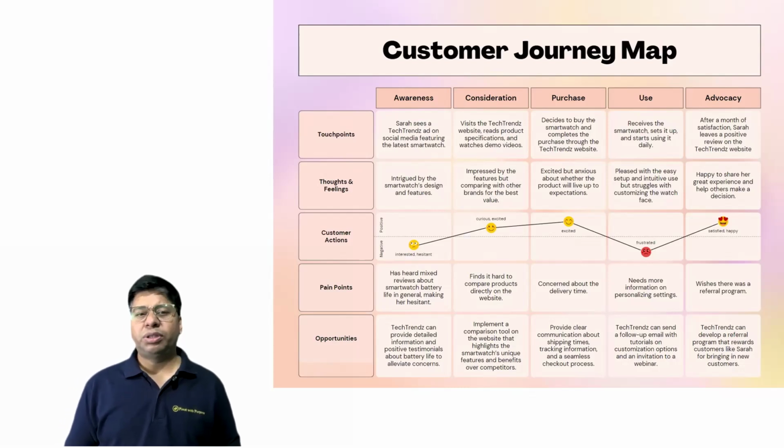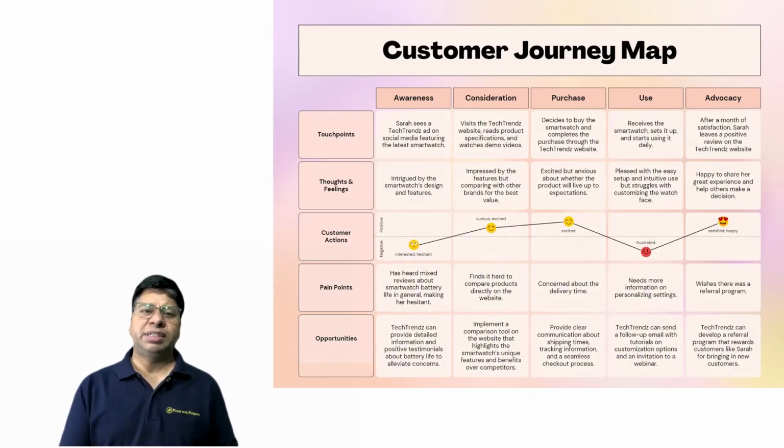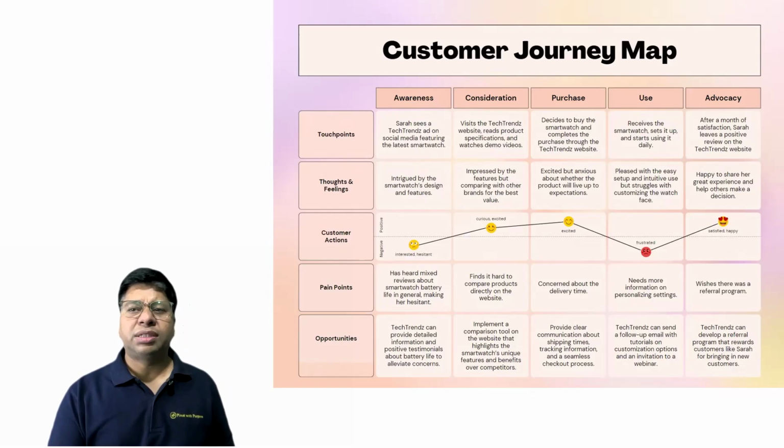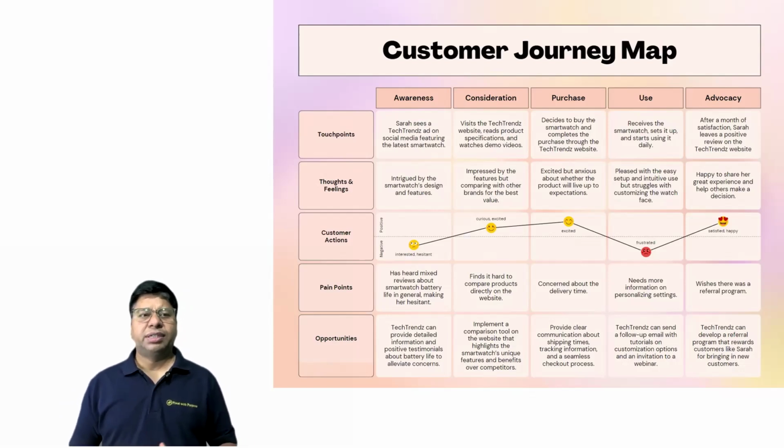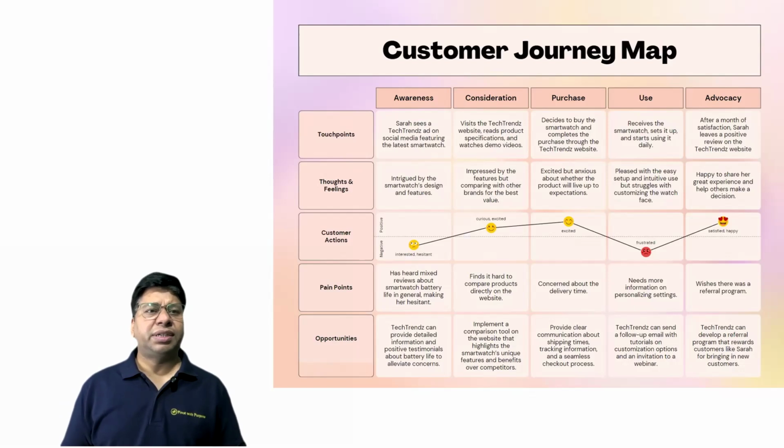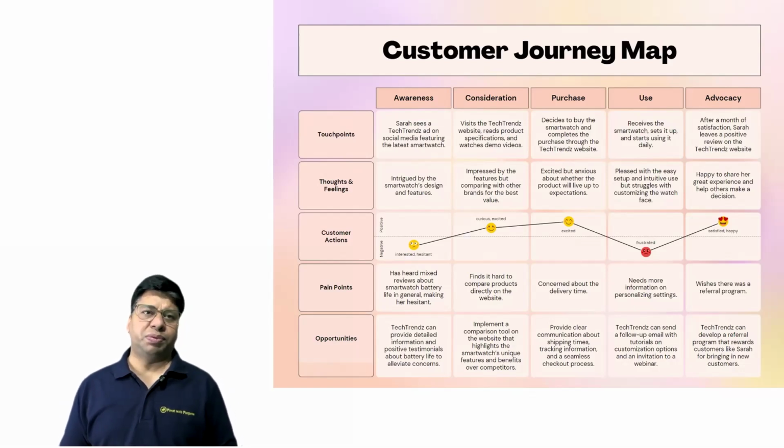Now, based upon that, write down the pain points of the customer at each and every touch point. Once you figure out the pain points, you can look at the opportunities at each and every level of touch point. If you see in this example, there are a lot of things where Tech Trends can improve.